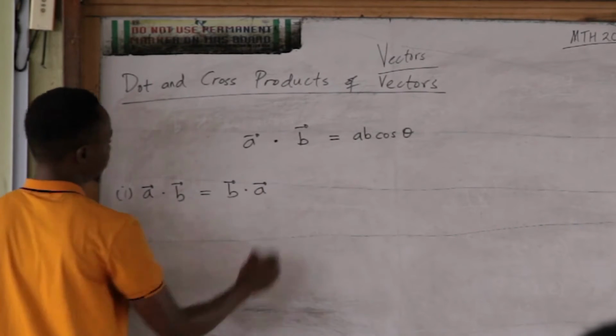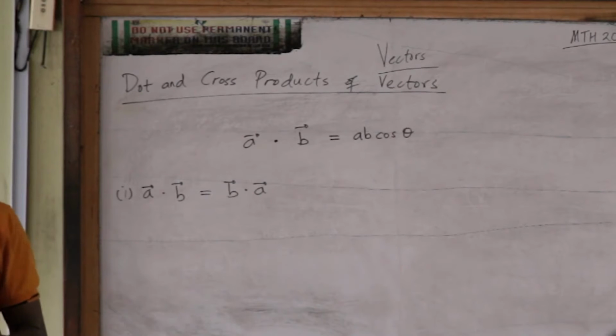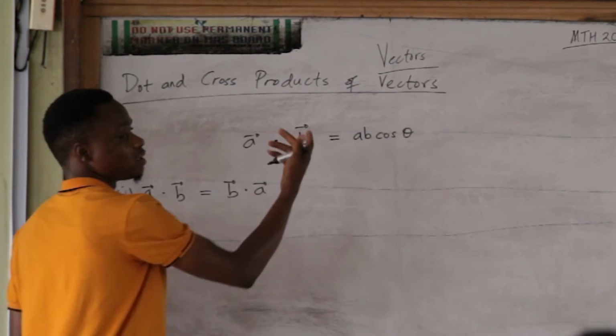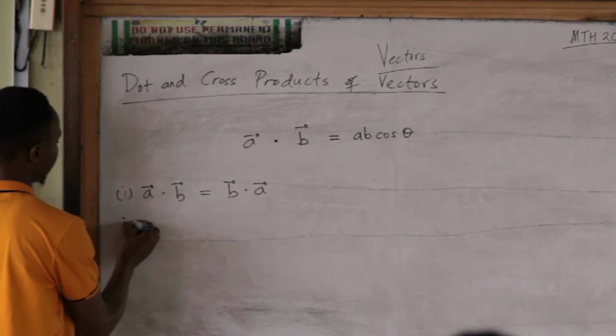A dot B is equal to B dot A. Obviously, you can interchange them. B dot A will be BA cos theta, and BA is the same thing as AB. You get that? So basically they are the same.